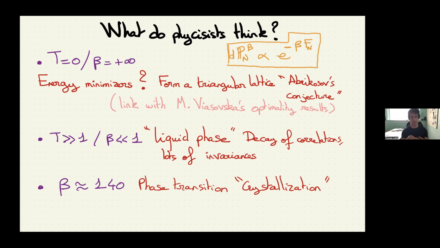Funnily enough, if you ask the same question in dimension 8 or 24, so for Coulomb gases in dimension 8 or 24, now we know the results because of the breakthrough that Maryna Viazovska did, and for which she got the Fields Medal, about universal optimality in dimension 8 and 24, which also applies to Coulomb gases.